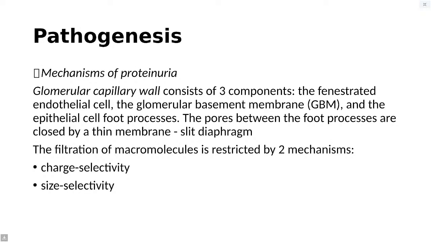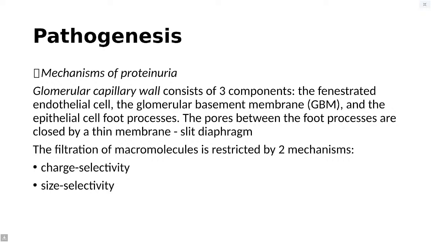The second part of pathogenesis are mechanisms of proteinuria. Glomerular capillary wall consists of three components: the fenestrated endothelial cell, the glomerular basement membrane, and the epithelial cell foot processes.